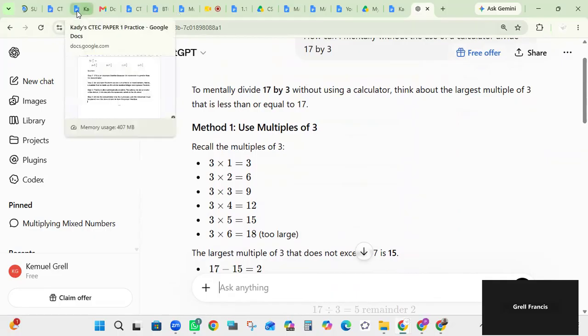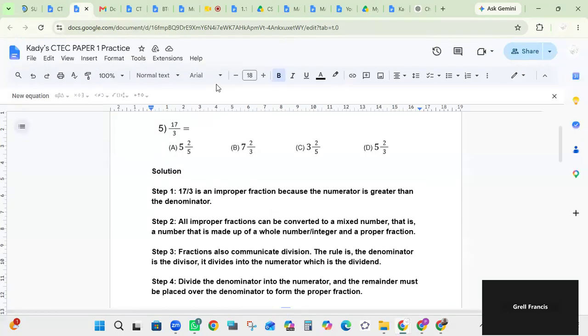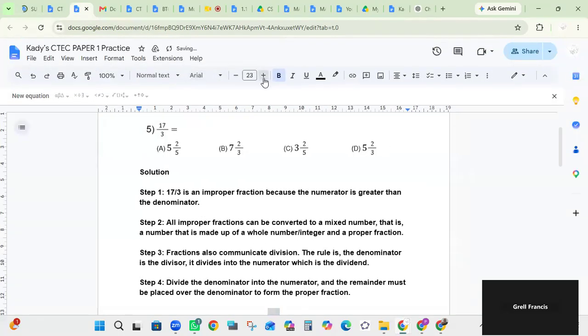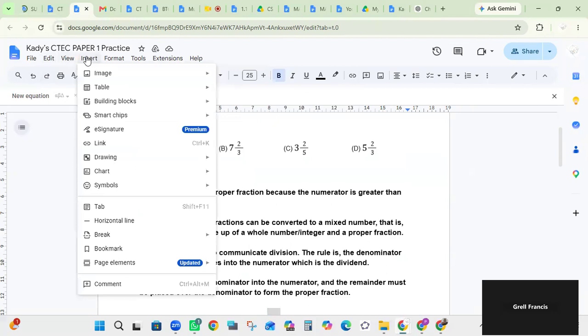So then we can go back to your practice document and put your answer. So basically it is 5 and 2 over 3.